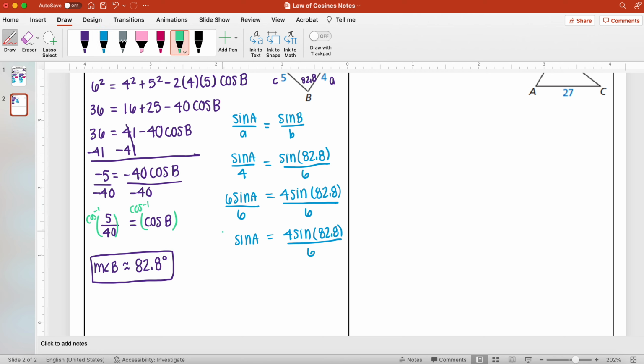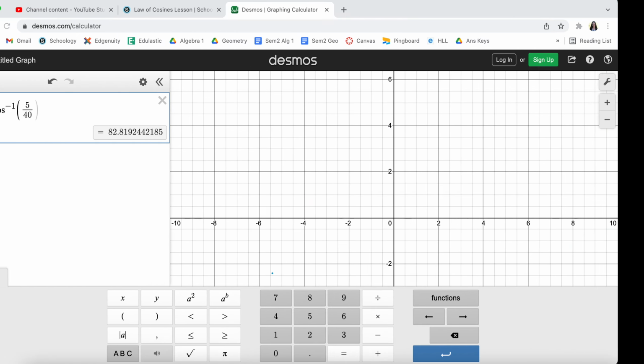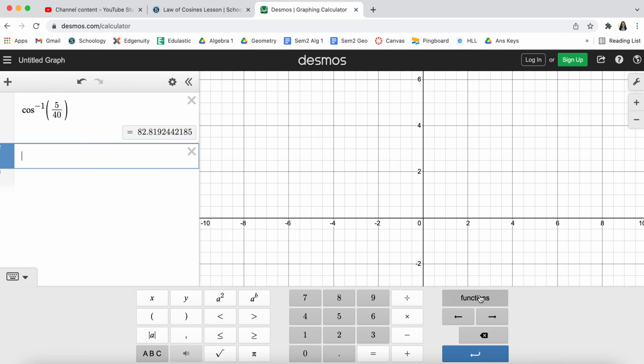And now again, to find that angle measure, I need to take the inverse sine of both sides. And so heading back over to Desmos, my functions, I have sine inverse, and it's going to be 4 sine of 82.8 divided by 6. And rounding to the nearest tenth, that gets me 41.4.